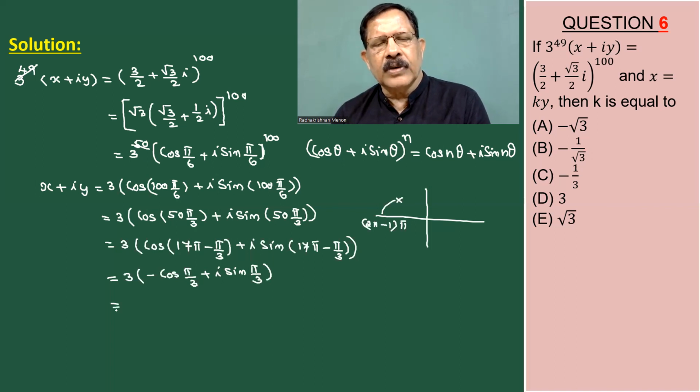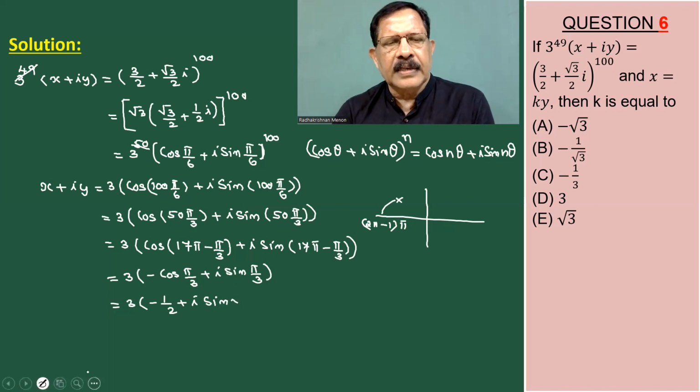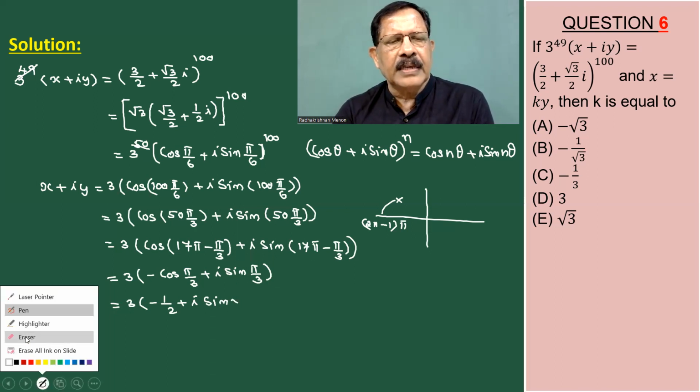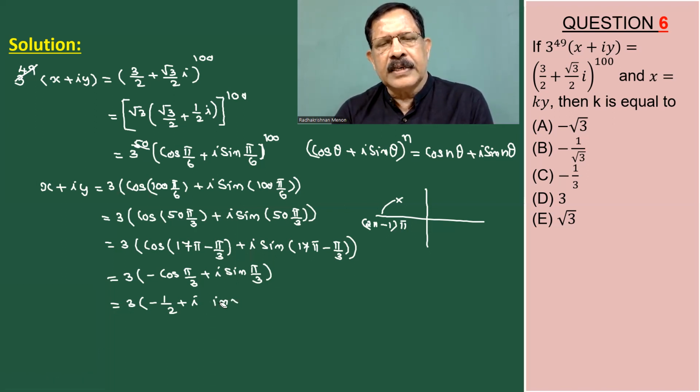Okay, this is equal to 3 into, what is cos pi by 3? 1 by 2, plus I sin pi by 3, which is root 3 by 2. That is what you are supposed to do.